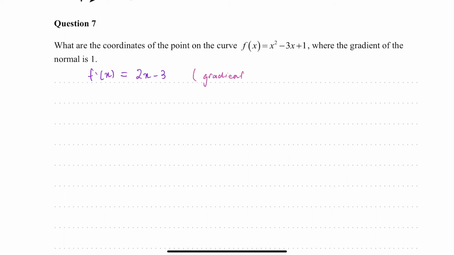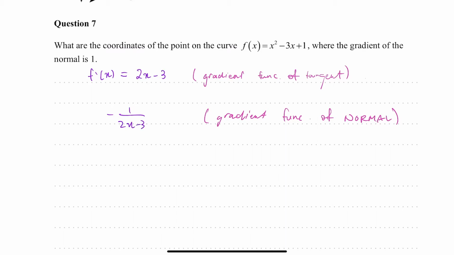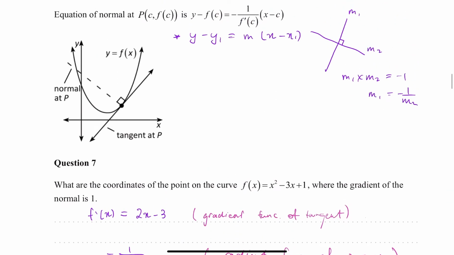That means the gradient function of a normal would be the negative reciprocal of it, which is what we talked about over here.